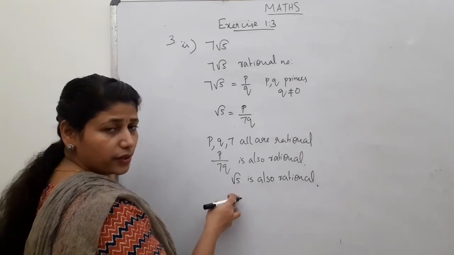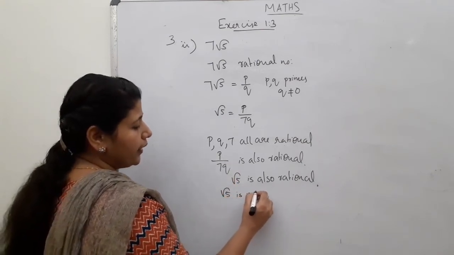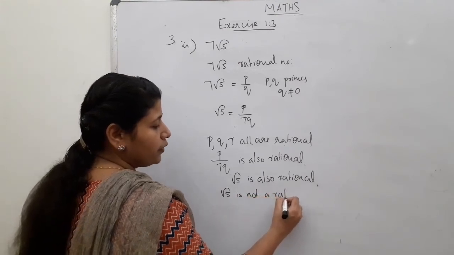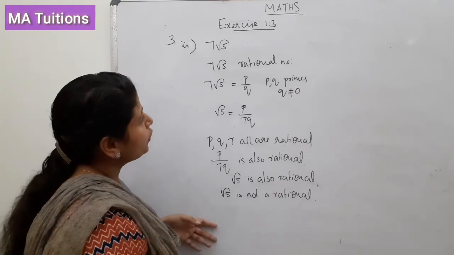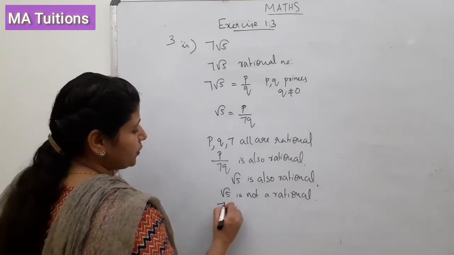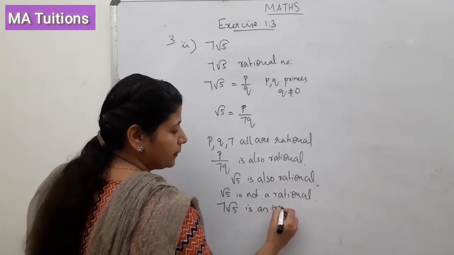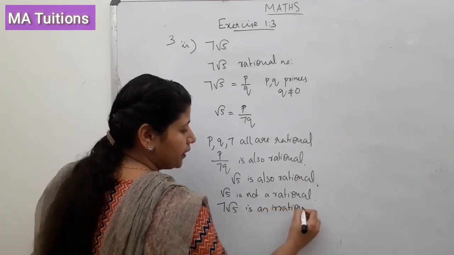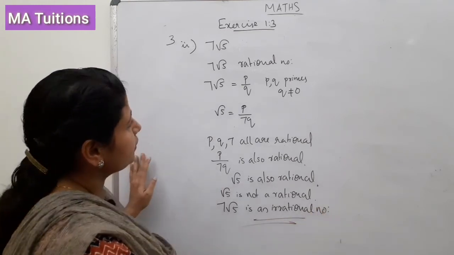Is this correct? No, we have already proved that root 5 is not a rational number. Why did this happen? Due to a wrong assumption. So we can say that 7 root 5 is an irrational number. Got it?